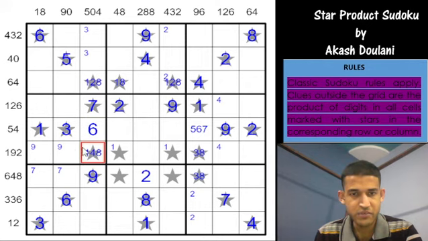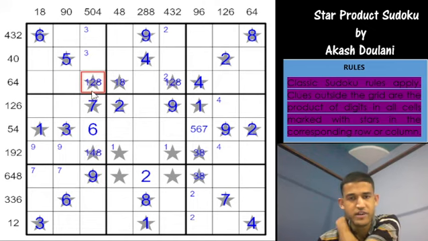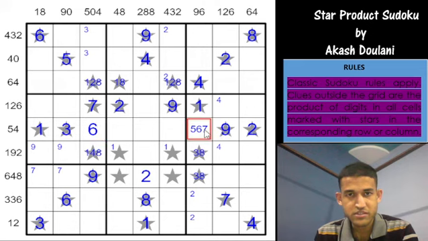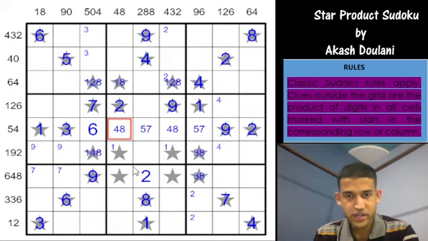And how did I eliminate 6? Because I know that these 3 digits multiplied together give us 72, and if you have a 6 here, 6 nines are 54 and you can never reach 72. So 6 goes here, so that is not a 6. 5, 7. And you have 4, 8 here, so that's a 5, 7 pair, that's a 4, 8.